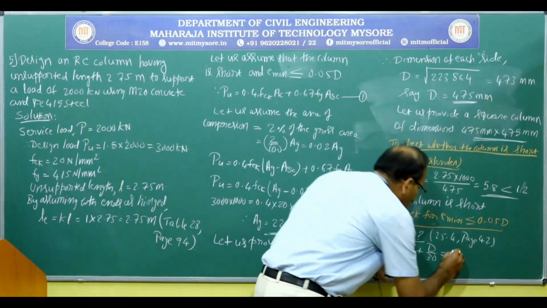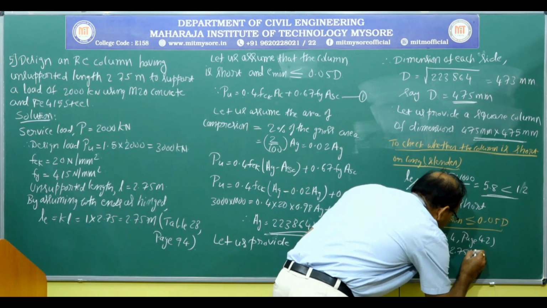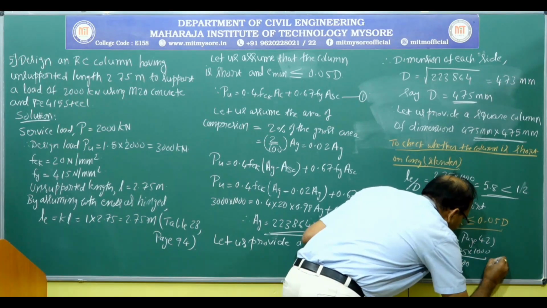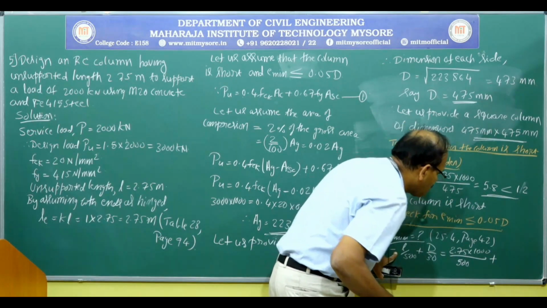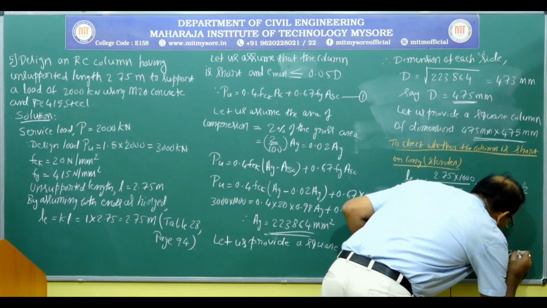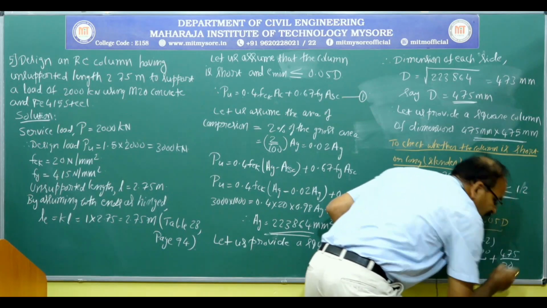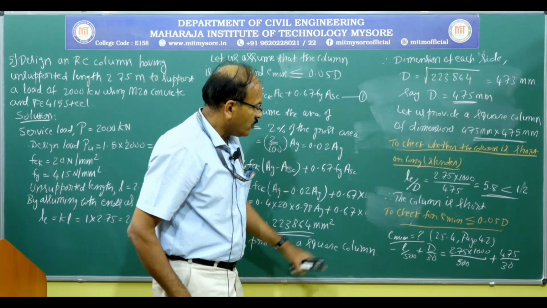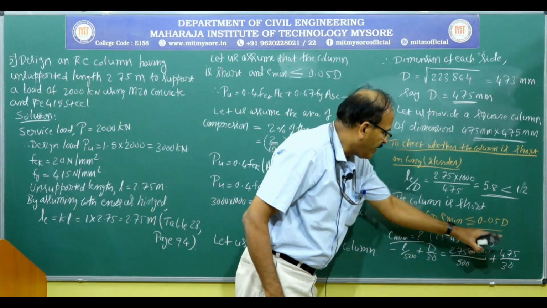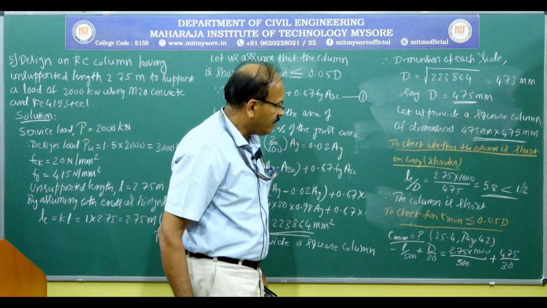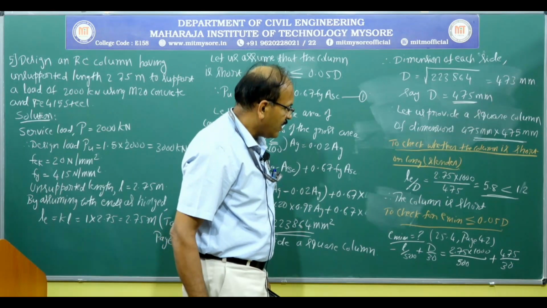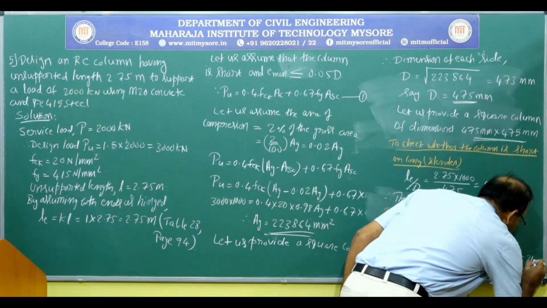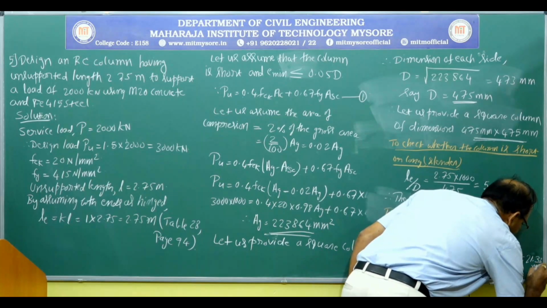So L is 2.75 multiplied by 1000 divided by 500 plus D, which is 475, divided by 30. Okay. So it is 5.5 and 15.83, that is 21.33 millimeter.